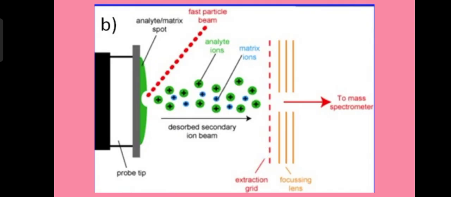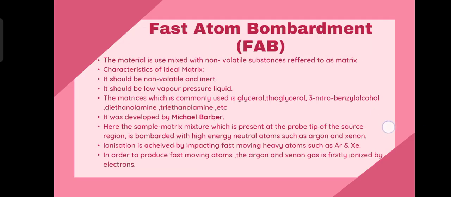Here is the probe tip, where this green part represents the analyte matrix mixture, which is spotted onto this probe tip of the source region, and then it is bombarded with high energy neutral atoms such as argon and xenon. Now the ionization is achieved by impacting fast moving heavy atoms such as argon and xenon.